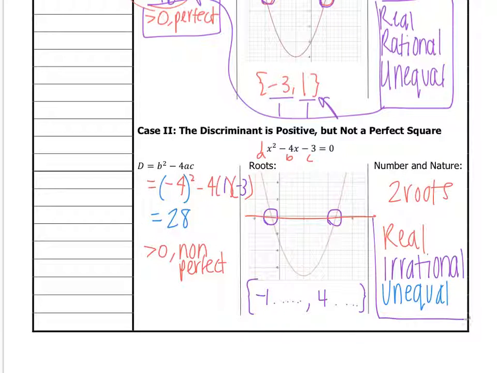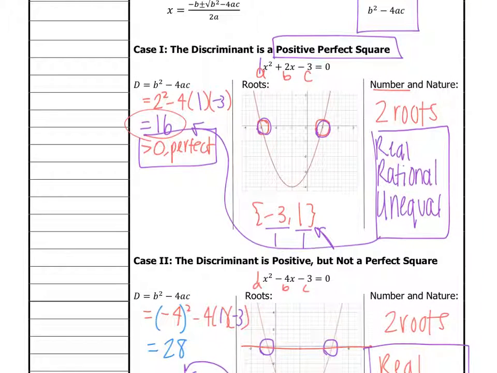So again, we just described the nature of the roots based on the fact that we had a number in our discriminant that was greater than 0 and non-perfect. So let me just revisit the top here. If we have a number that's greater than 0 and perfect, then the roots are real, rational, and unequal.